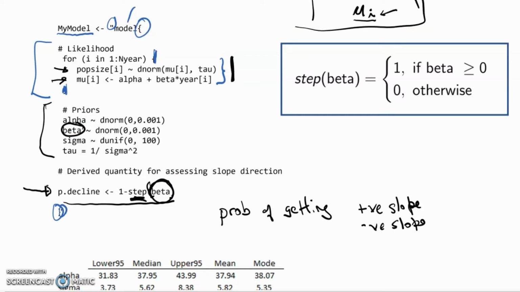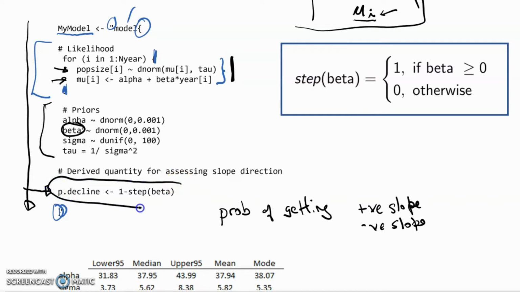And what's going to happen is the way JAGS works is that we're going to do 9,000 iterations of this thing because we're going to have 3 chains and 3,000 iterations at each. And each one of those 9,000 iterations, this thing here is going to be implemented.